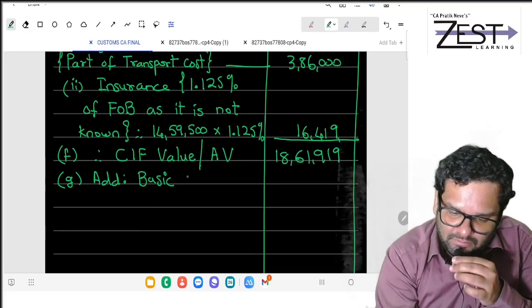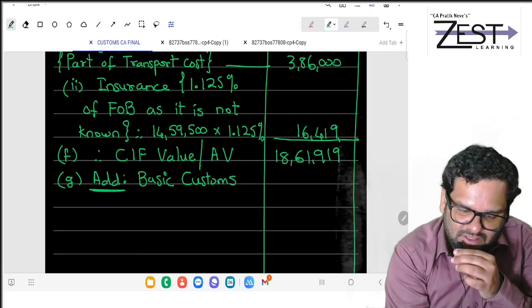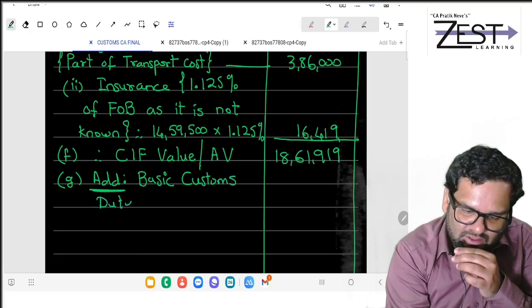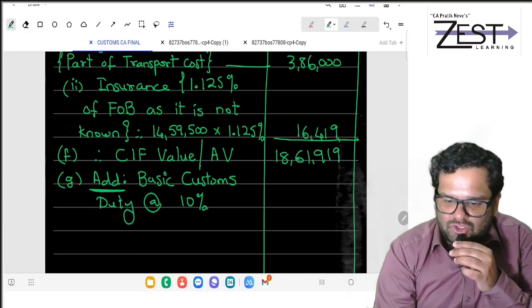Yes, add basic customs duty. You will add basic customs duty at the rate of 10%. Why at the rate of 10%?